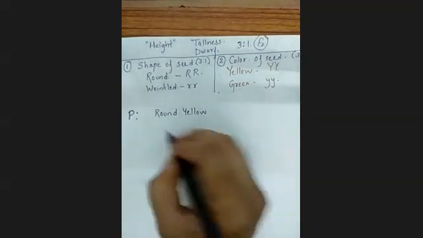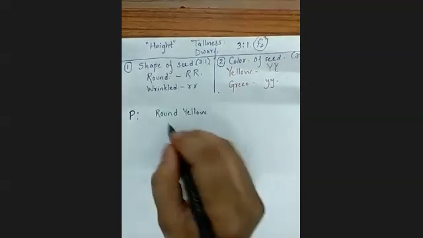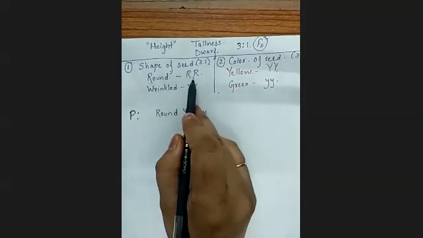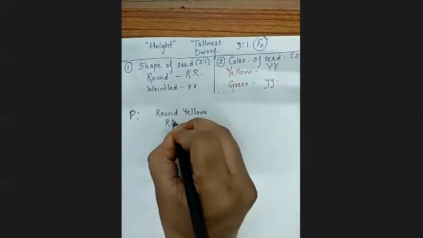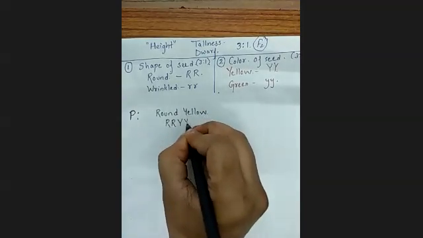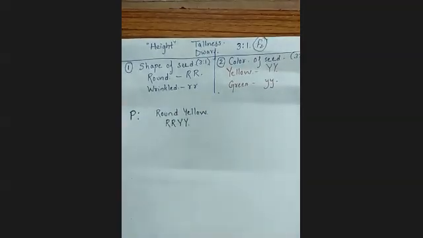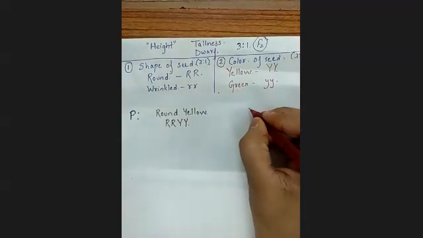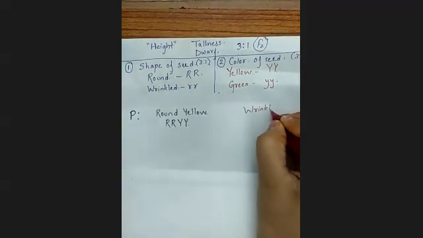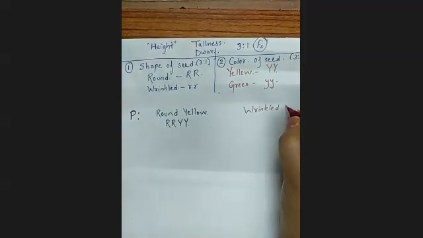That means that particular plant will have this type of genetic feature. And against this he took wrinkled and green.